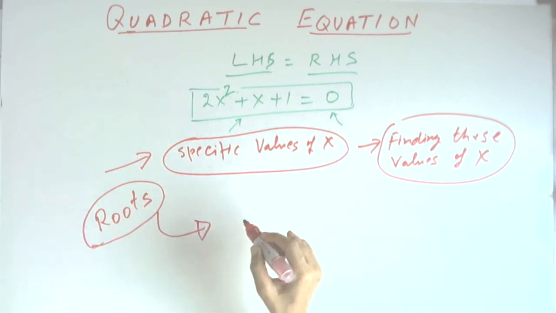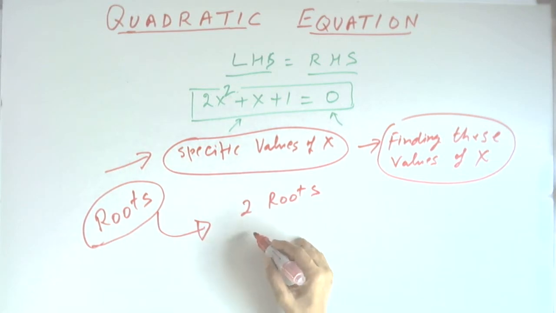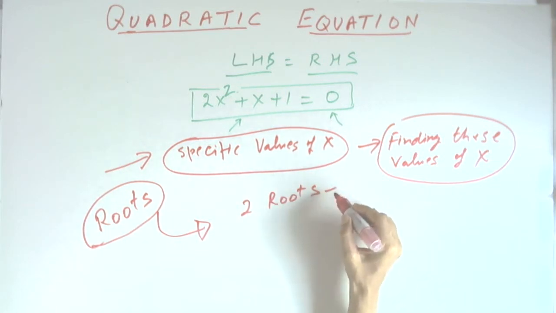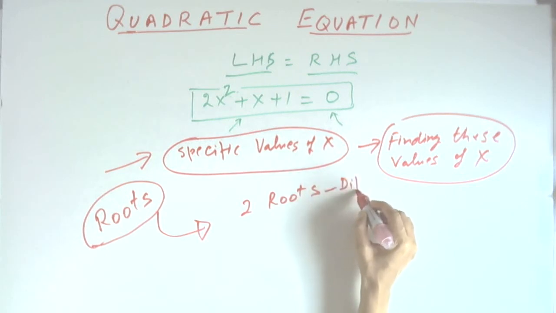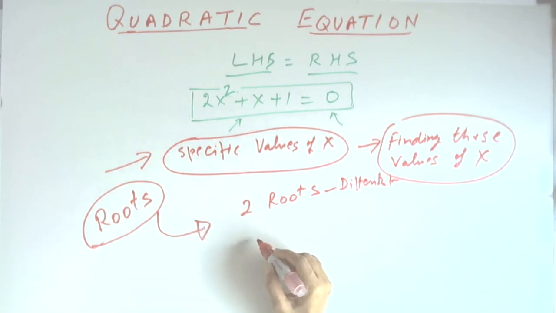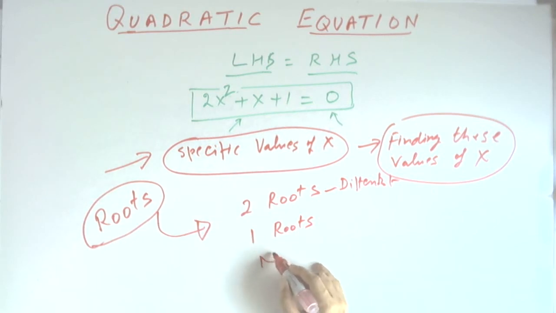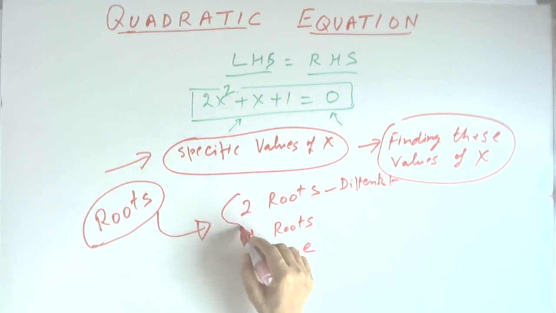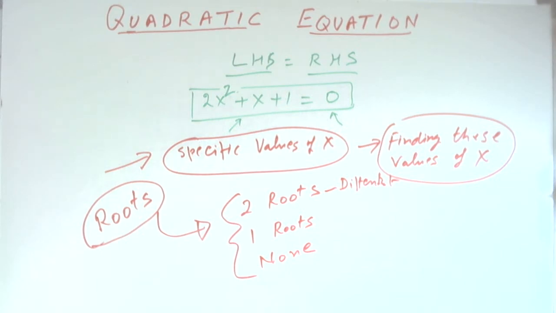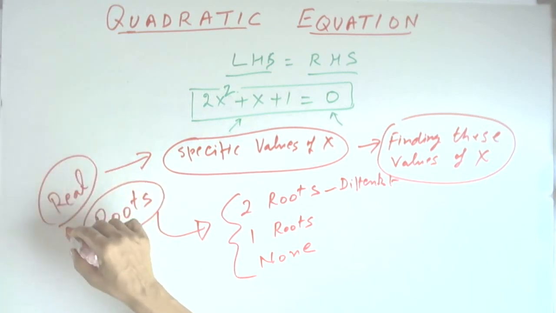A quadratic equation can have either two roots, which are distinct, which are different, or it has one root, or it may have none. Here we are referring to real numbers, so these are real roots.